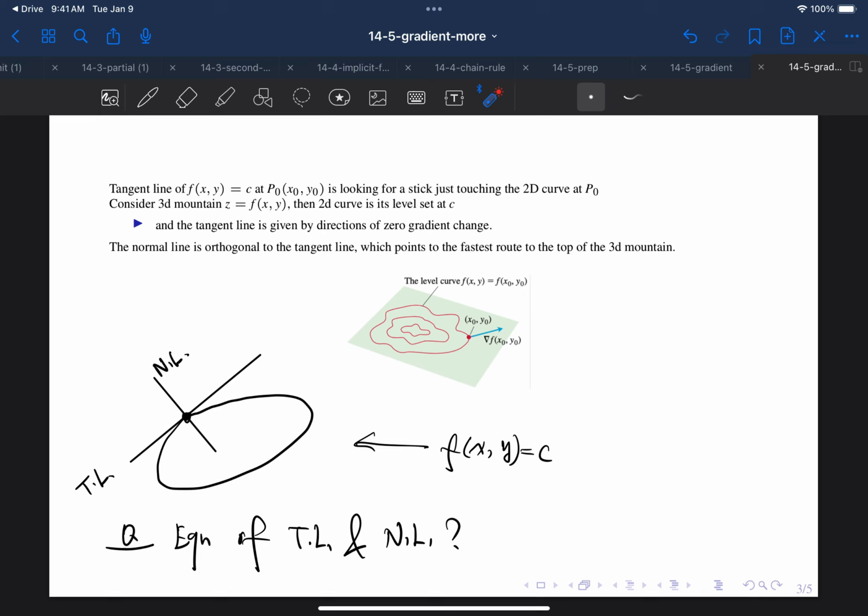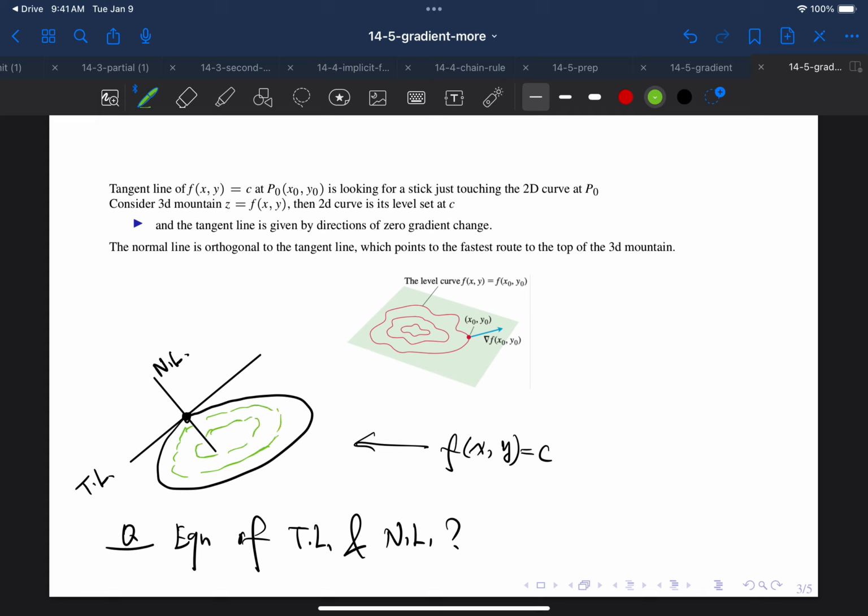The idea is the following. We can think of this curve as a level set curve of a 3D mountain or 3D valley. By saying that, we can imagine a contour map.